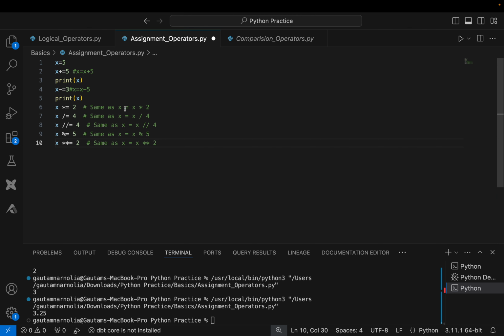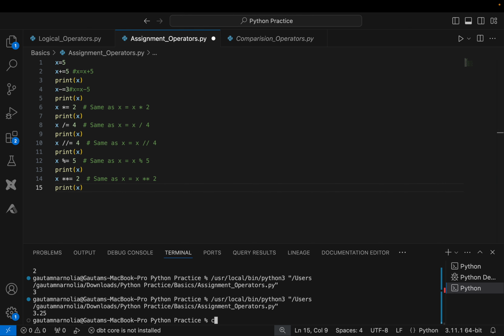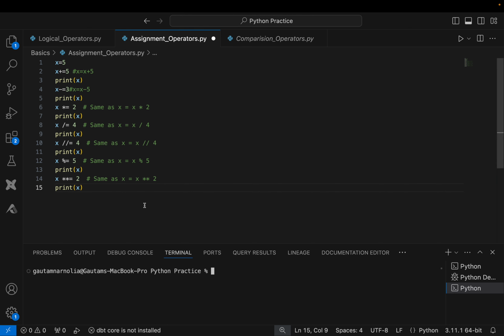Now let me print it out. If I run this, let's see from here. x = x + 5, now the x value changed to 10.